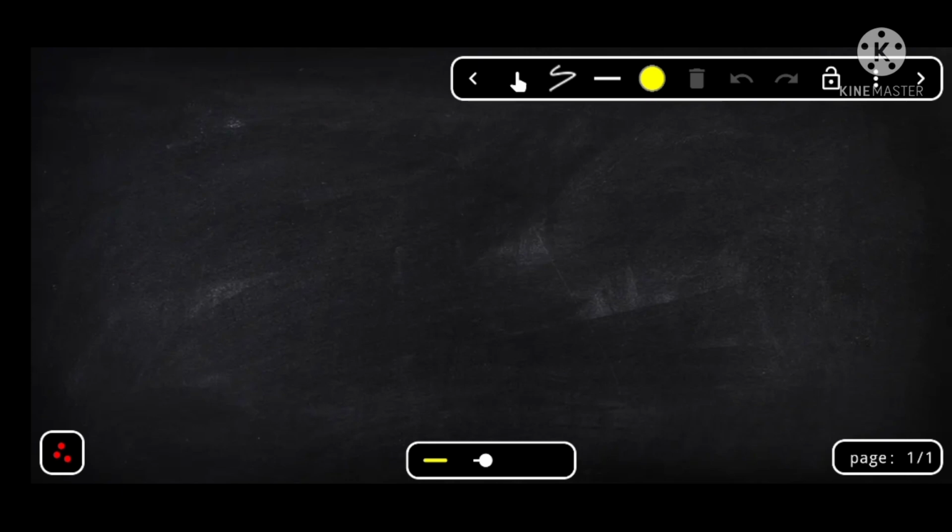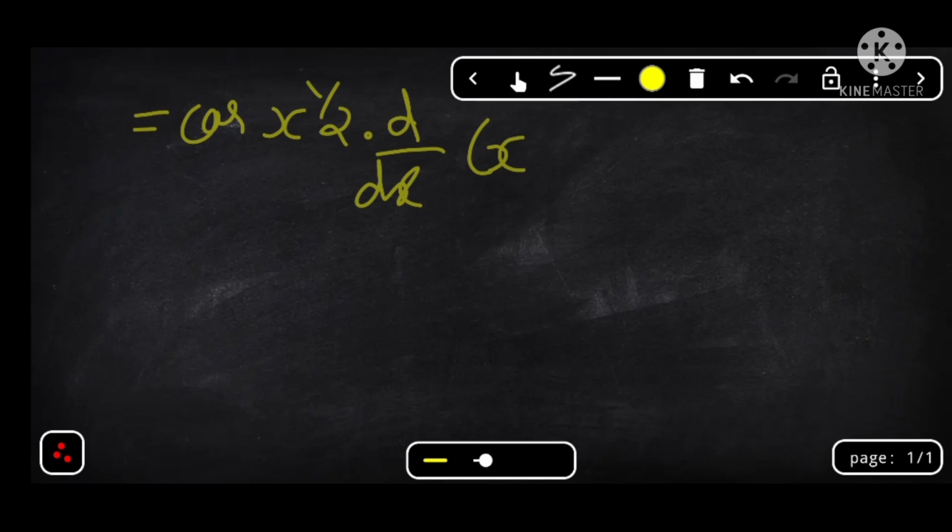So when we differentiate sine, we will get d by dx of sin x is cos x. So cos x raised to 1 by 2. Now d by dx of x raised to 1 by 2. Now we have to differentiate with this one.